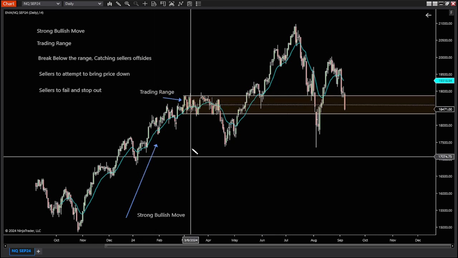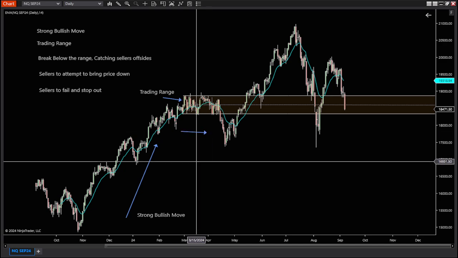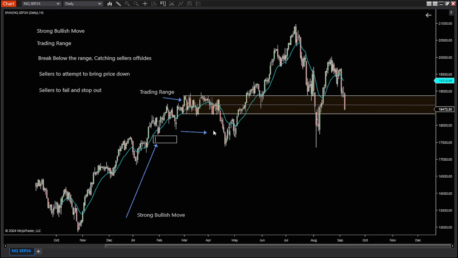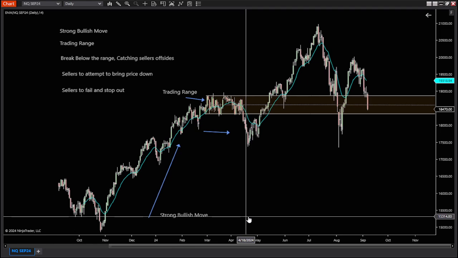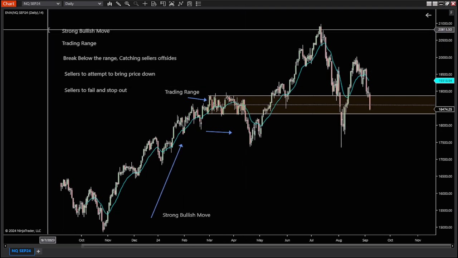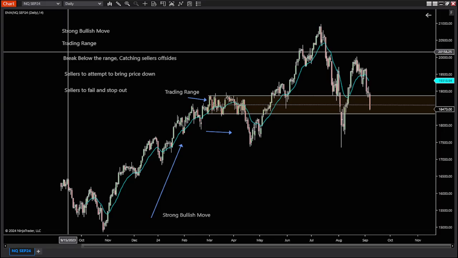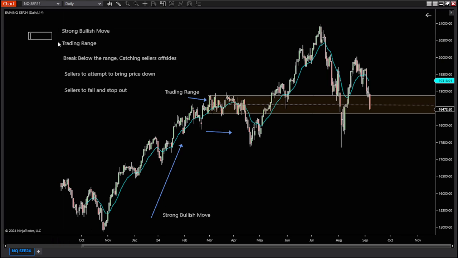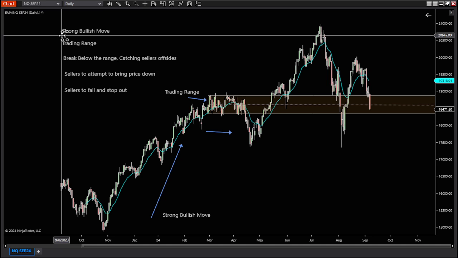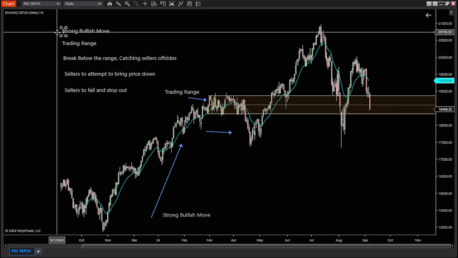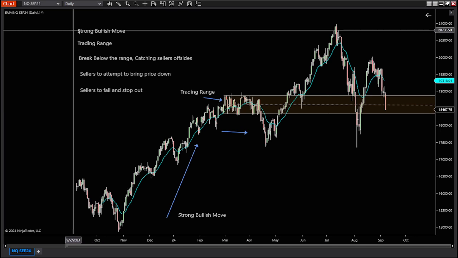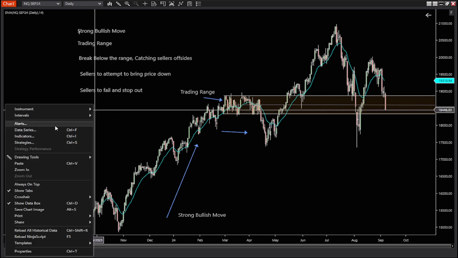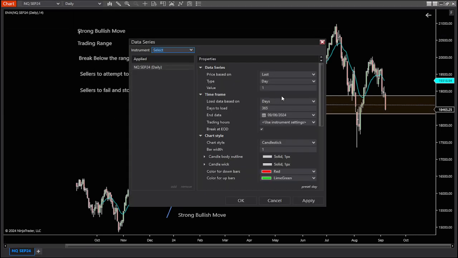Here is our break below the range. And we will label these. It's not letting me move further over. Let's move this further over. Add a few more days.